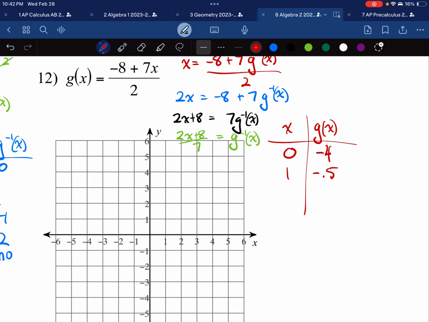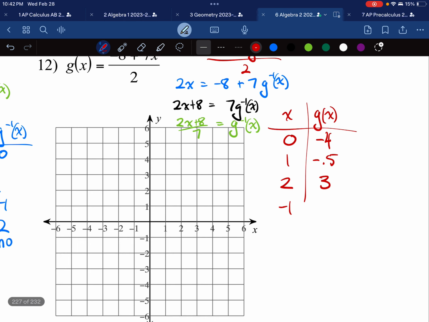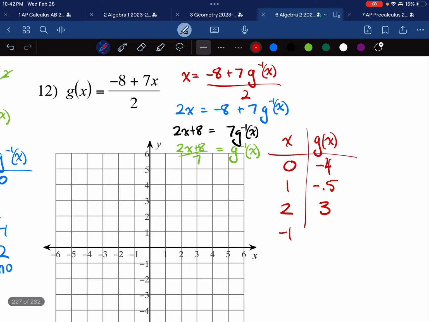When I plug in 2, let's see what happens. 2 times 7 is 14. 14 minus 8 is 6, and 6 divided by 2 is 3. Turned out to be a nice number. Let's go the other direction. Maybe like a -1, right? If I do a -1, then let's see what happens. -1 times 7 is -7. -7 minus 8 is -15. -15 divided by 2 is -7.5.